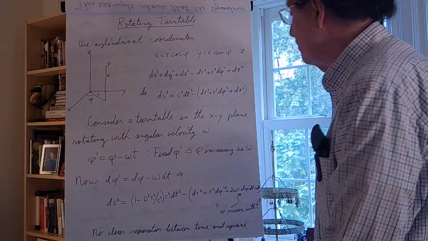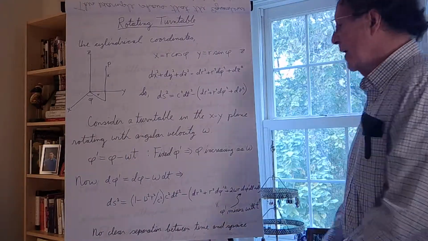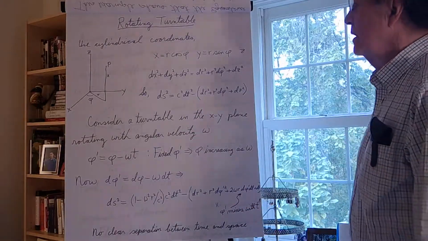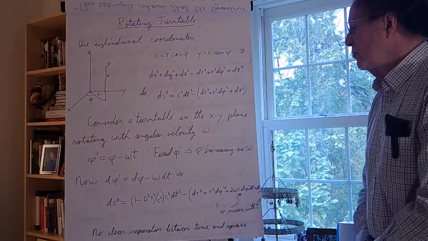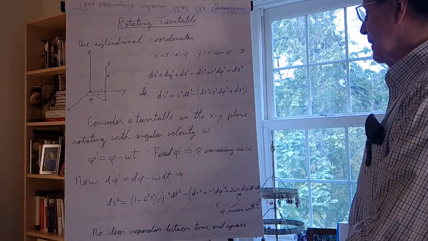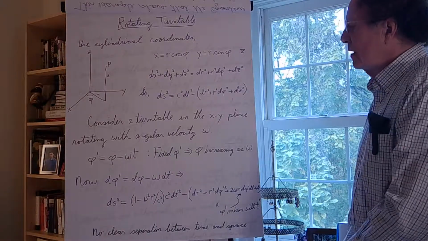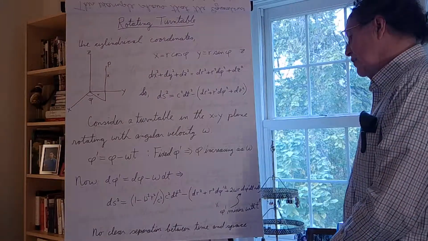It looks like my previous example, where I have 1 minus velocity squared over c squared. And the velocity squared of the point is just omega r, the transverse velocity. That contributes to my coefficient of dt squared, and it's bringing into the game time dilation.